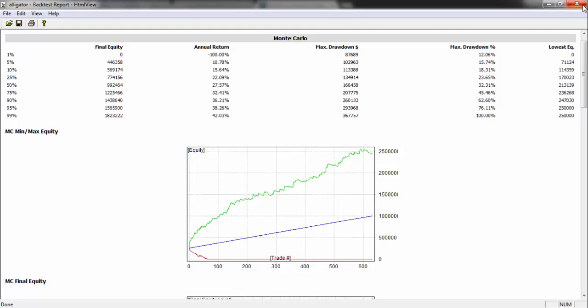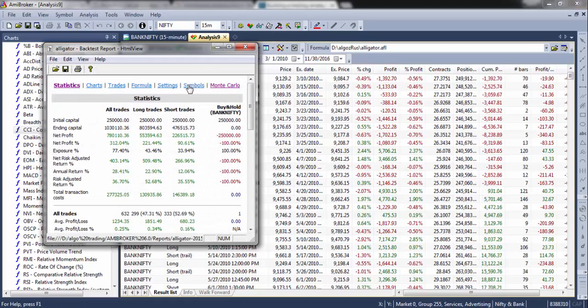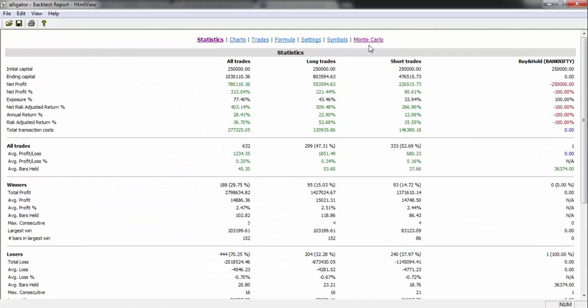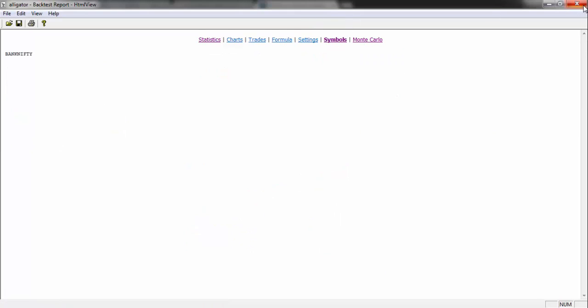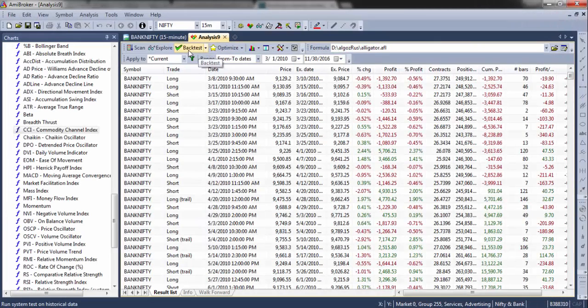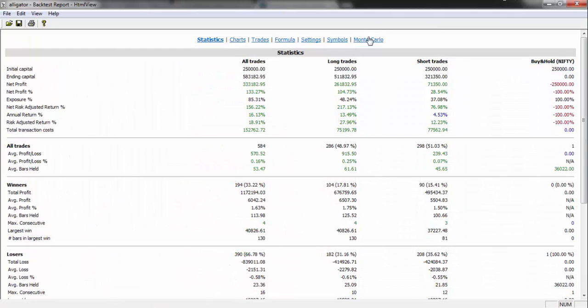Let's just have a quick look at the Monte Carlo for the Nifty. So Nifty, oh I'm sorry, I'm doing it on Bank Nifty only. I'm going to click on backtest, report, and Monte Carlo.